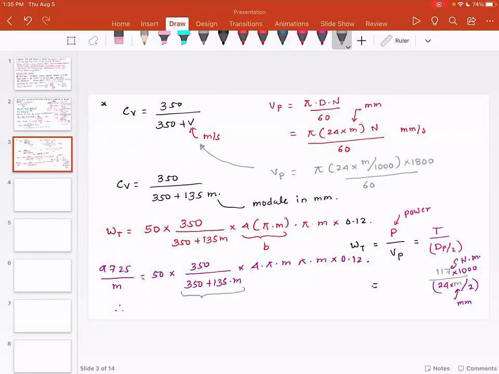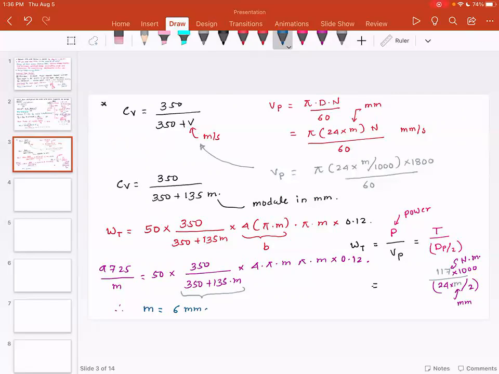For example, we would assume the speed of the gear train to be somewhere around 20 meters per second, use it as a baseline value to calculate m, and then go through multiple iterations to find the actual value of m. But with your calculators, once you know how to program this equation, you don't have to do it. So m, once you solve it, is somewhere around 6 millimeters. So the module is 6 millimeter.